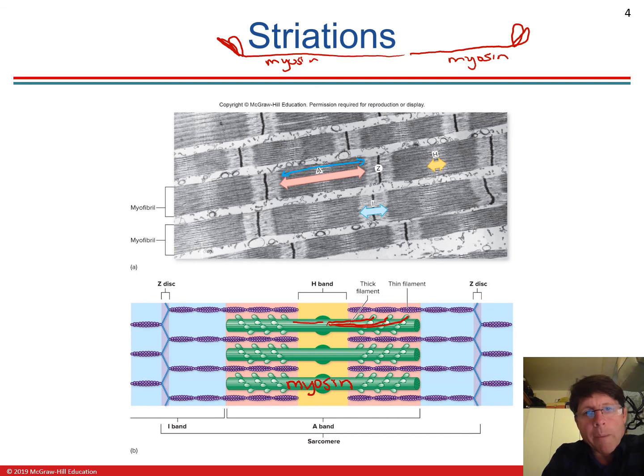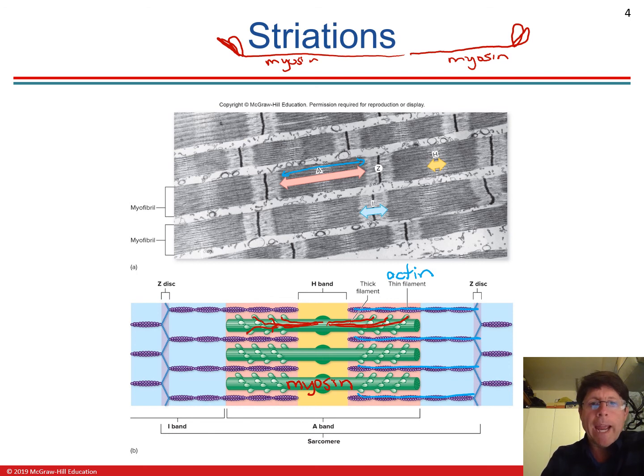So these are going to make up our thick filaments. And then we've got our thin filaments, which is going to be our actin. And the actin is right up here. You can see that they're kind of making little bridges over the thick filaments. So these thin filaments are called actin.